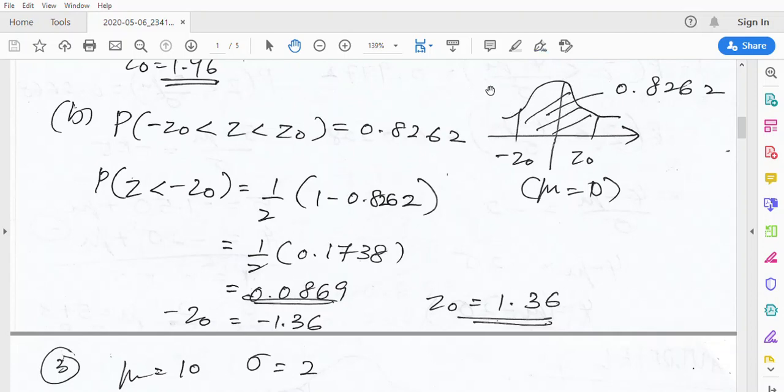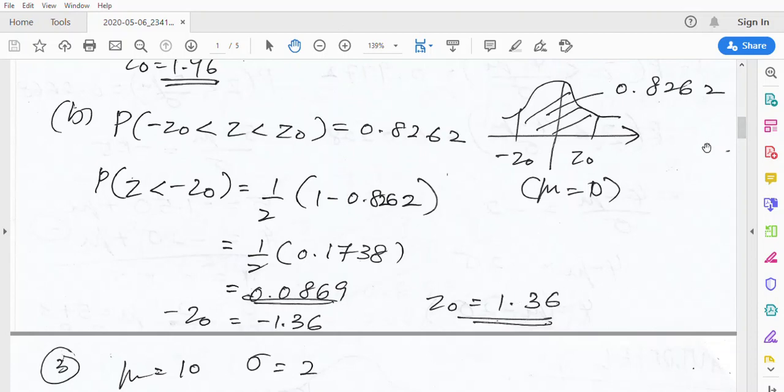When we get one part of the probability, we can find the z naught. Don't forget about the negative, so we will get the value of negative z naught as negative 1.36. So z naught is 1.36.